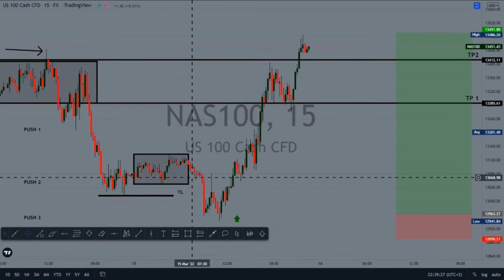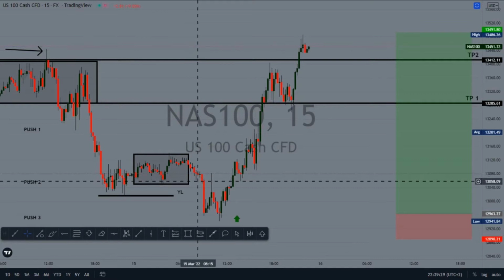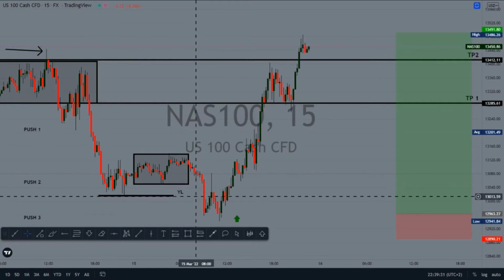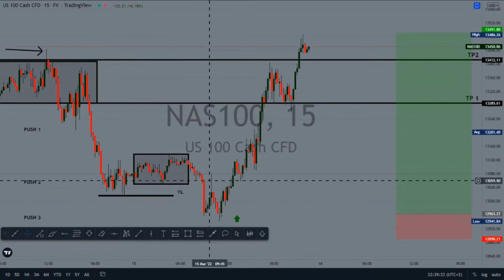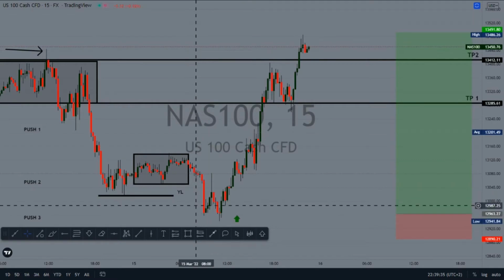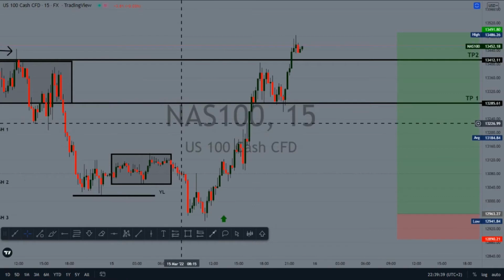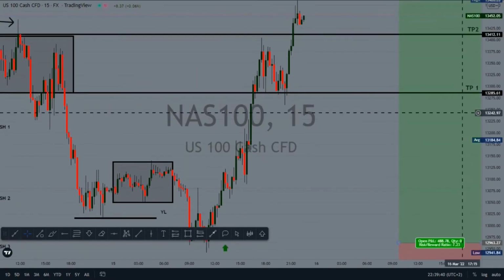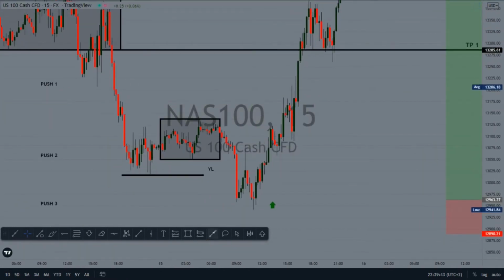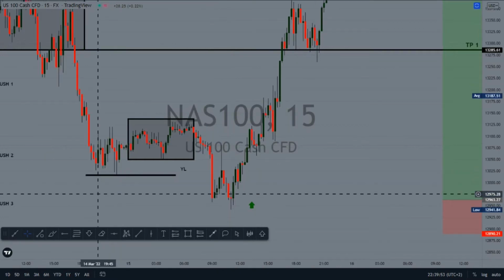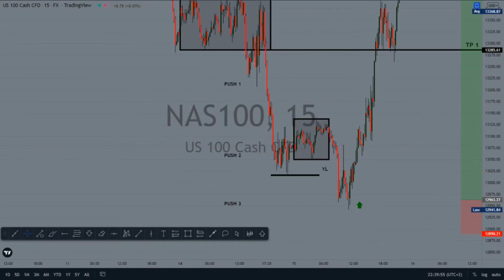How they do this is they use vector candles. Vector candles are very fast, engulfing candles, to induce the traders to go the wrong way. Usually these signals will be taken by retail traders or traders who are using robots and systems, and that's why robots and systems don't really work.